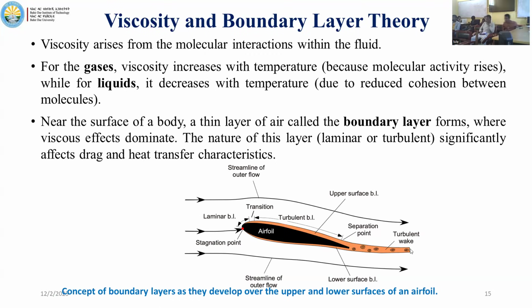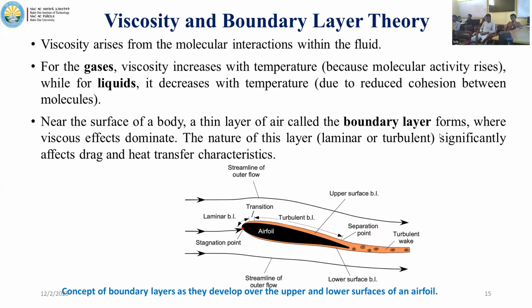Near the surface of the body, for example if you see this aerofoil, adjacent to the surface of the body you can see the laminar boundary layer and the turbulent boundary layer. There is a flow separation point, and some wake turbulence regions. That region is called the boundary layer.